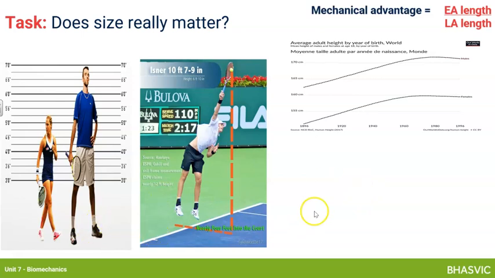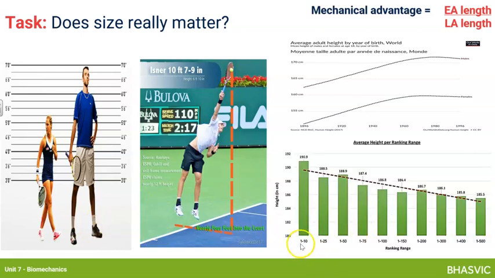Just looking at the height of rankings, so the top 10 rankings, tennis players are all relatively tall compared to those that are in the lower rankings. There is a correlation, a relationship between tennis player height and success.